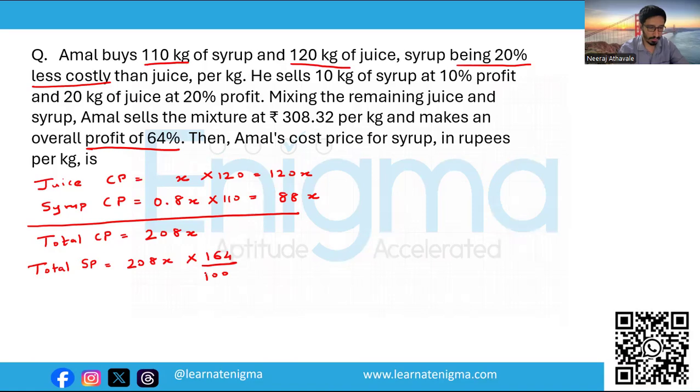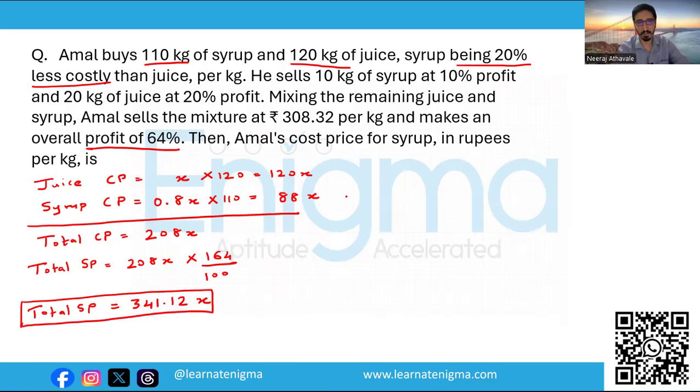So therefore, we can easily do it as 208 into 164 divided by 100. That is 341.12x. This is the total selling price.